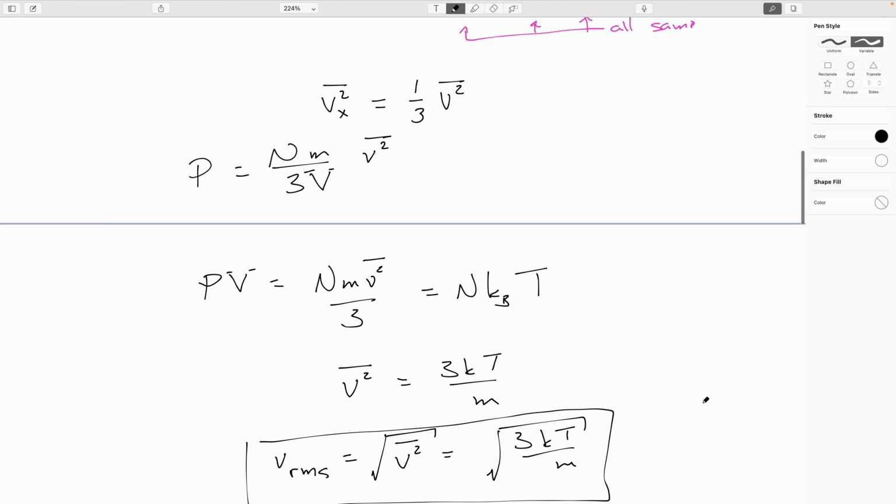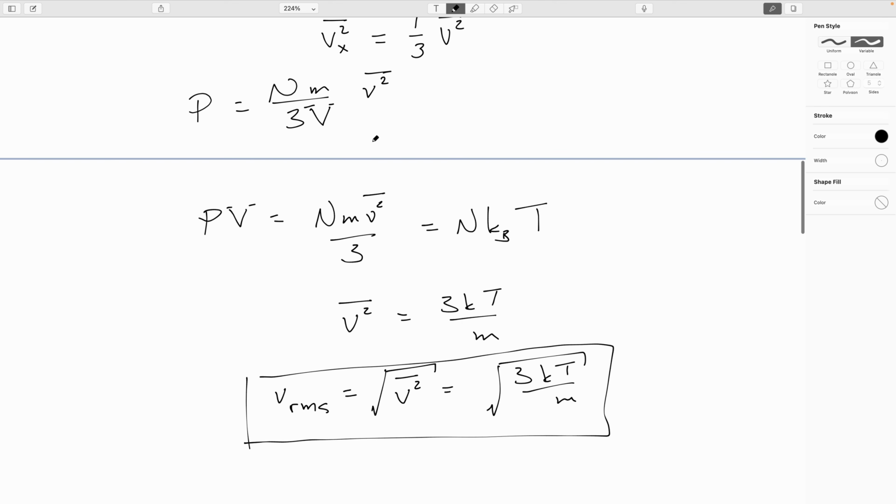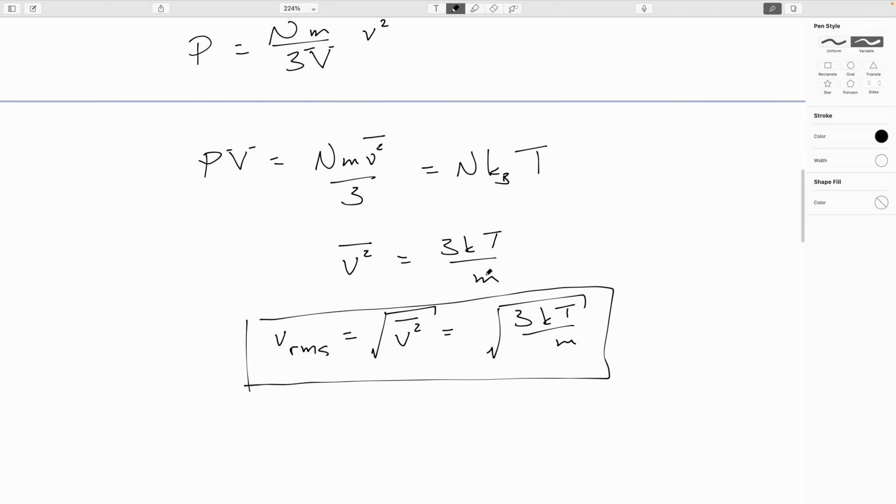Now I can put back in to here for the pressure. So I can rewrite this as pressure is N over V times m v RMS squared over 3.